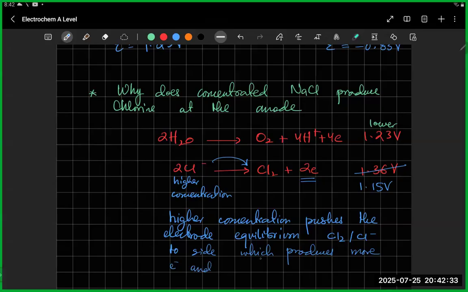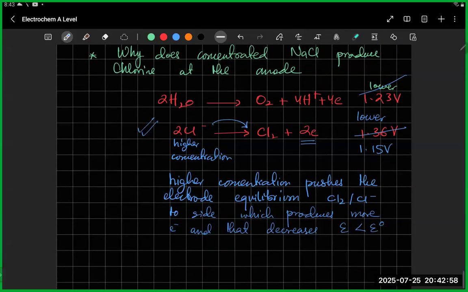And what does that do? Because more electrons are getting produced, it decreases the electrode potential. The electrode potential becomes lower than the standard potential. So if it becomes 1.15, then Cl minus 1 is the lower potential, and then it's Cl minus 1 that actually loses electrons.